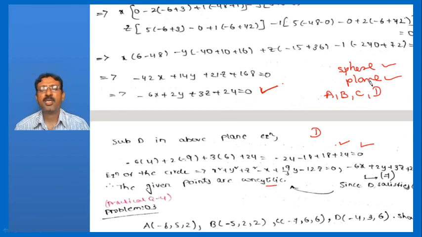Because the circle lies on the plane, and of course on the sphere. So the circle lies on the plane, and the plane contains the points A, B, C, D. Therefore, A, B, C, D lie on the circle defined by the sphere and the plane. Therefore, the points are concyclic. So this ends the proof.